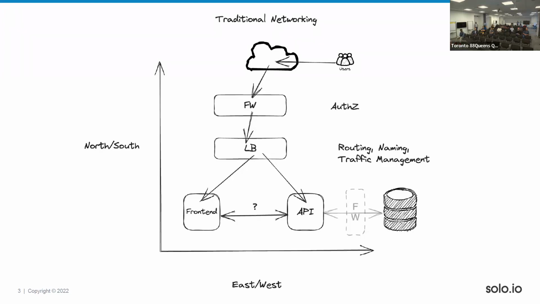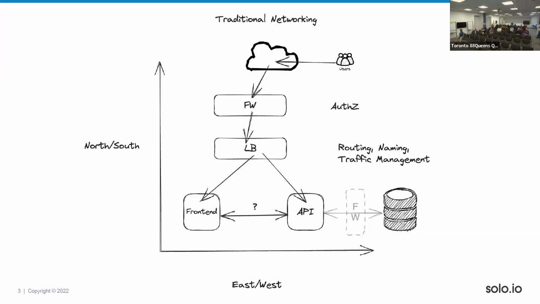Traditionally, we dealt with getting traffic into your network using firewalls to provide authorization and secure network traffic. Then we used load balancers to help with routing traffic to a particular application, some traffic management, and naming, like DNS.